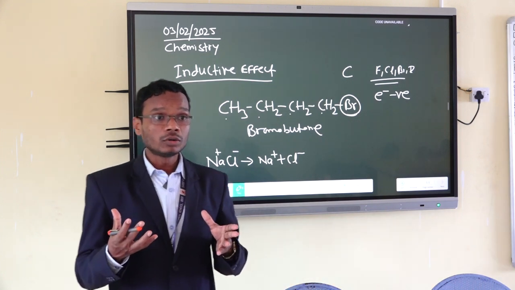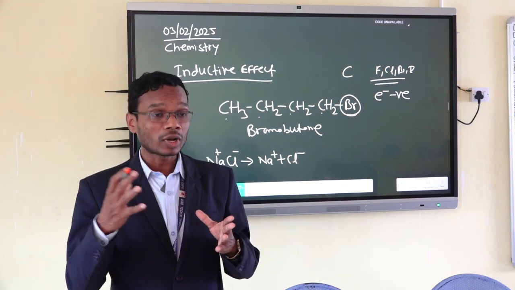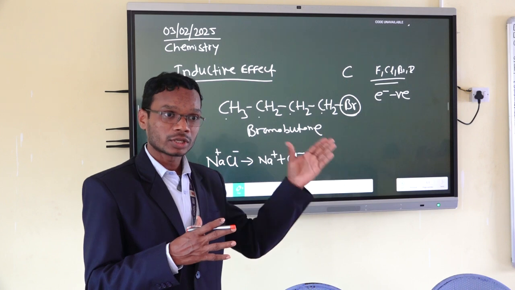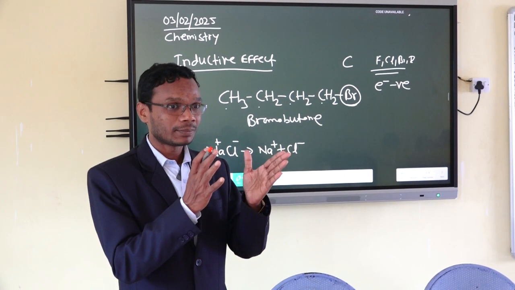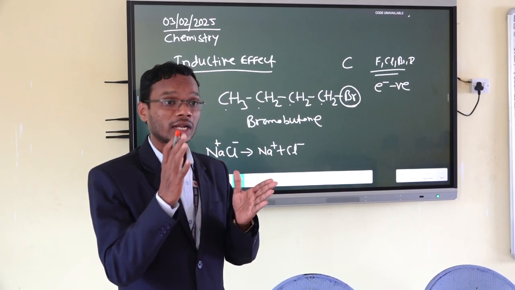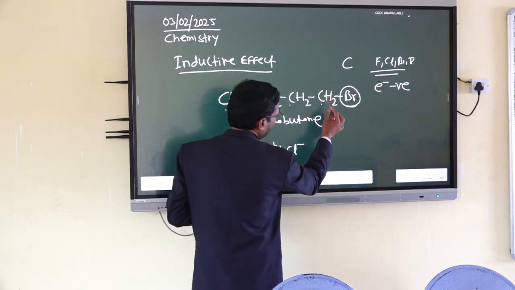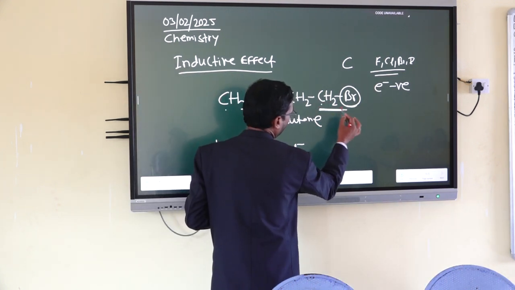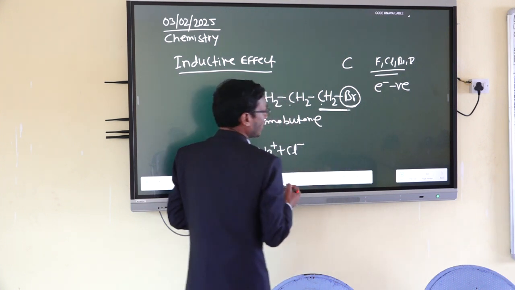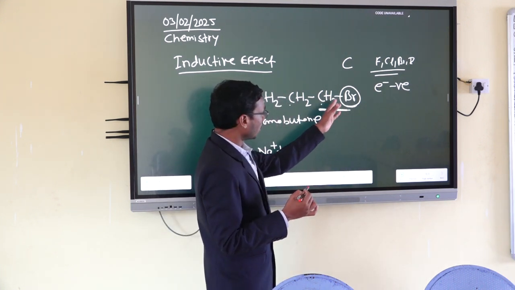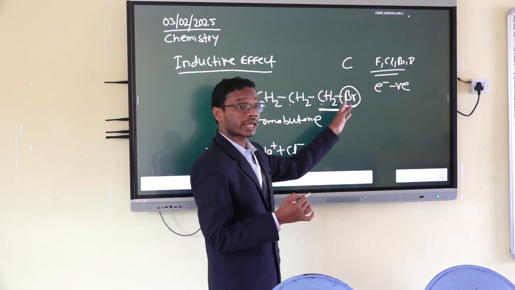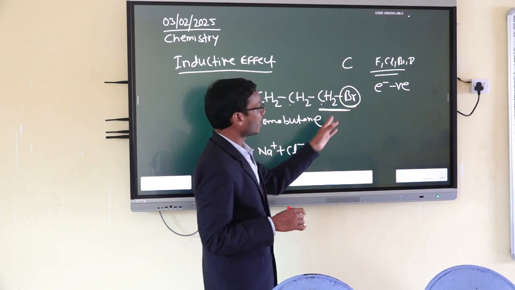Covalent bond means you know polar and non-polar bonds. And this type of bond is a polar bond, as there is a difference between the electronegative character. When this bond is polar in nature, it cannot break down into plus or minus ion directly.